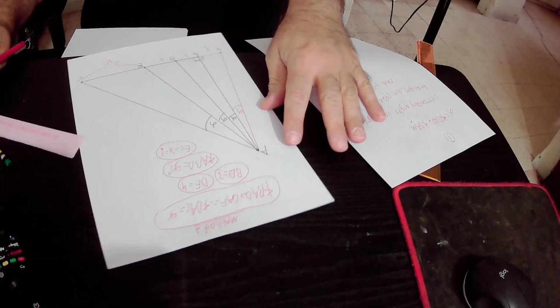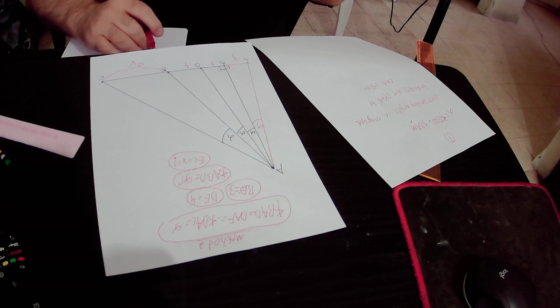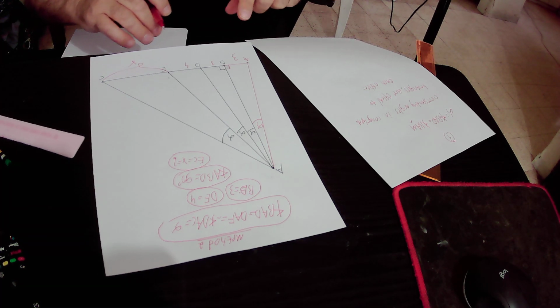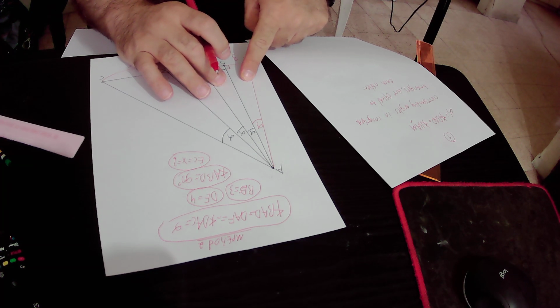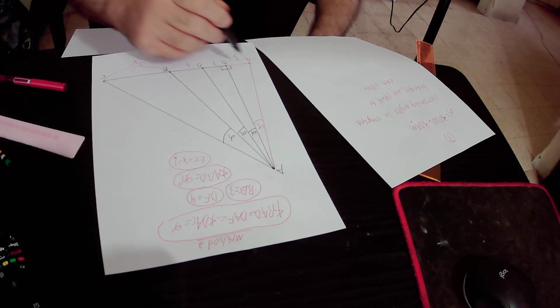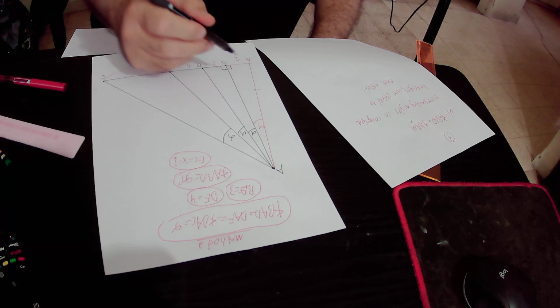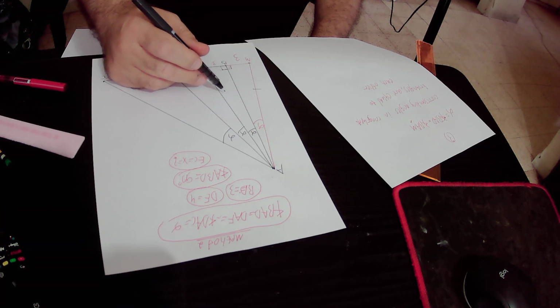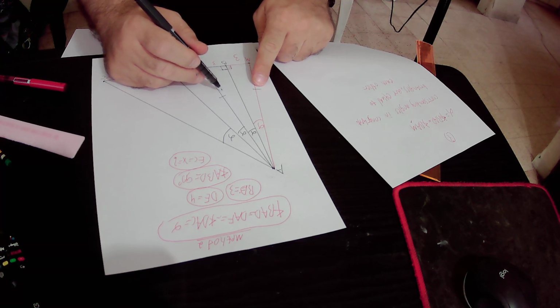And we can conclude from the fact that those two triangles can go into each other that actually side AM of triangle AMB equals side AD of triangle ABD. Those two sides are equal to each other.